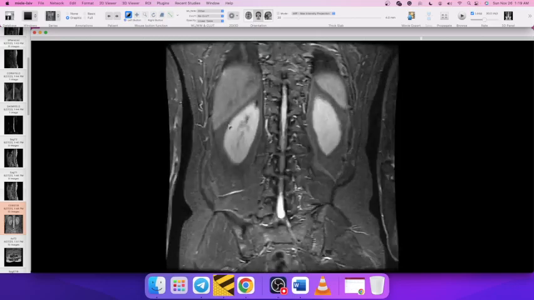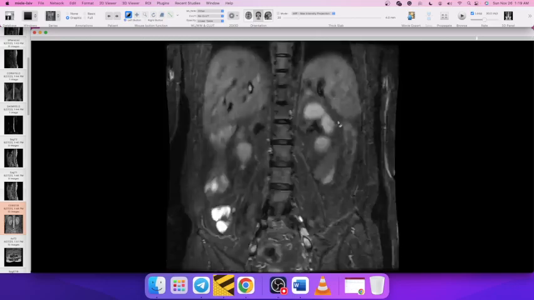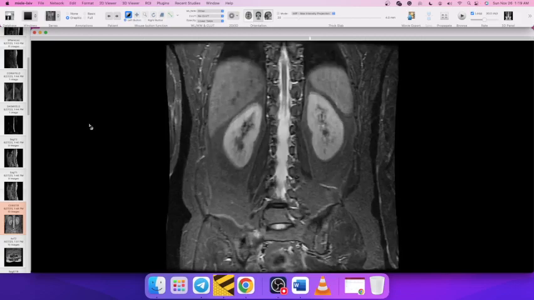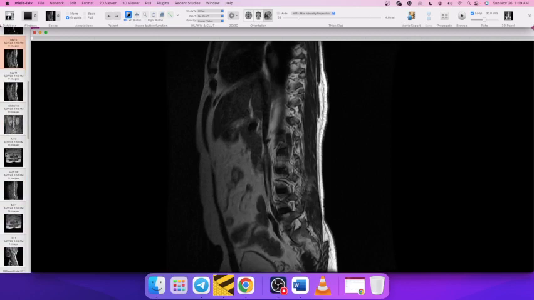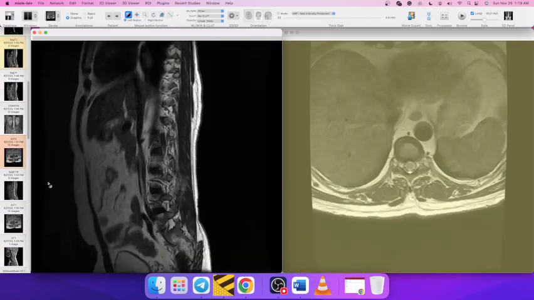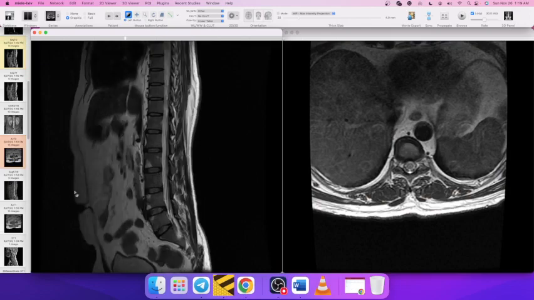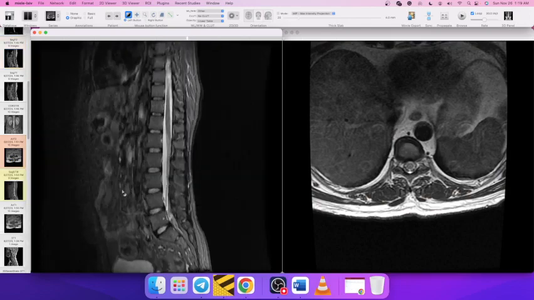We do look for liver, renal and splenic anomalies sometimes. Sometimes we get to see those in coronal images. And then we will now go to the axial images. I always compare axial with the sagittals. You can also use STIR images for them.